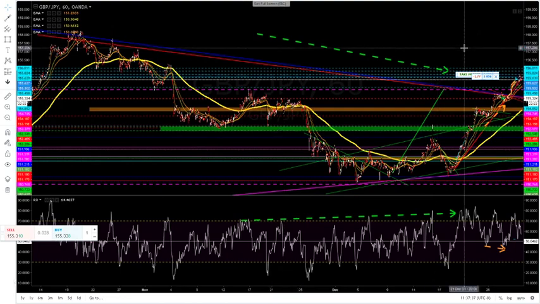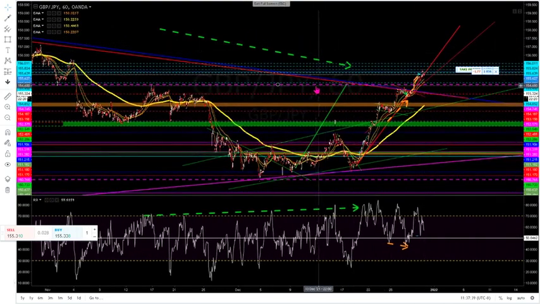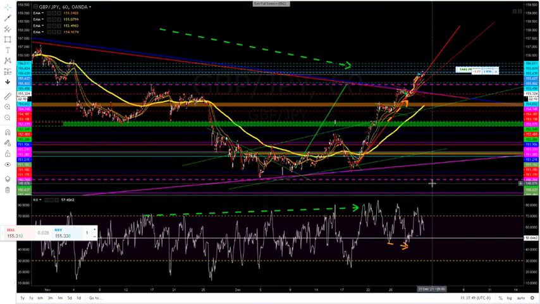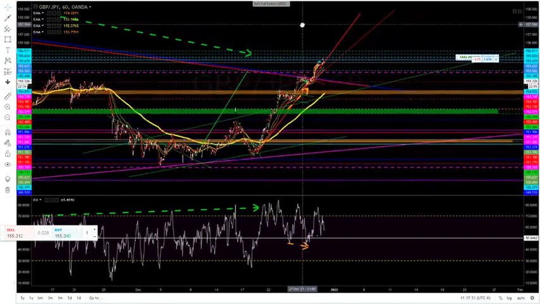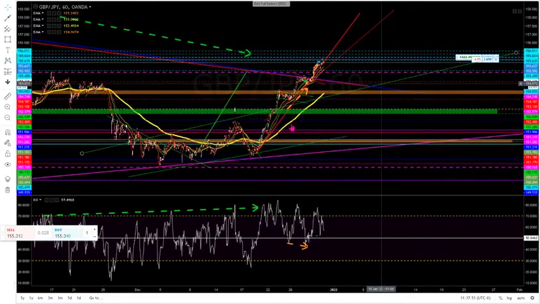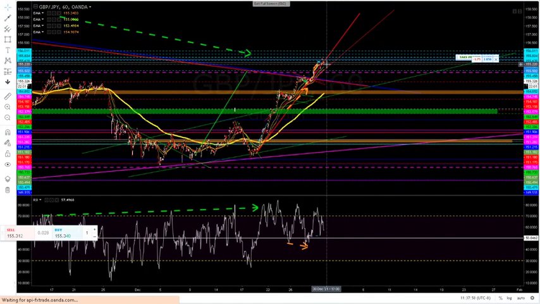So let me zoom back out. If you see these purple lines right here, this is the monthly zone. Price is actually in the zone right here, and it broke out slightly.